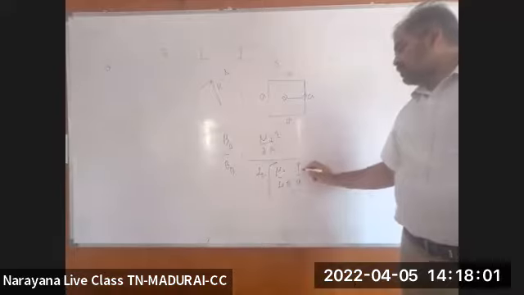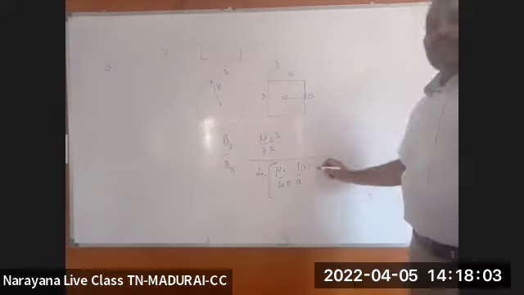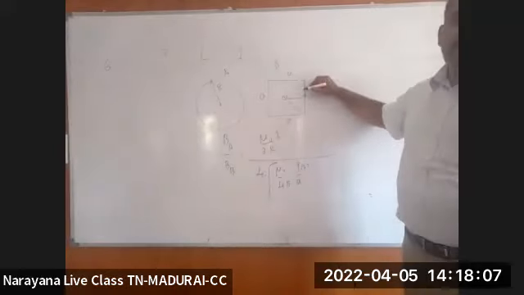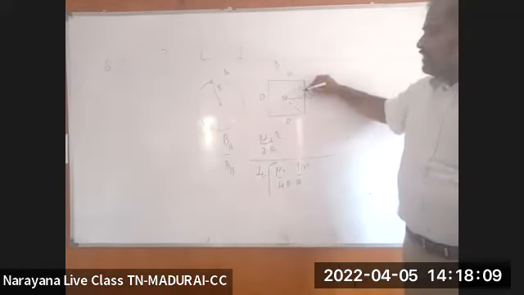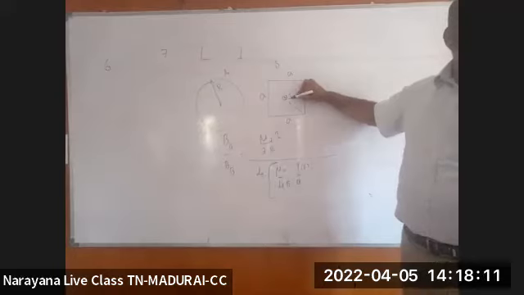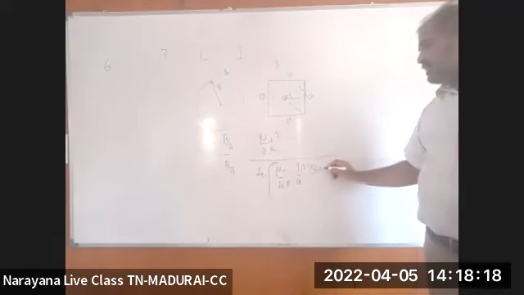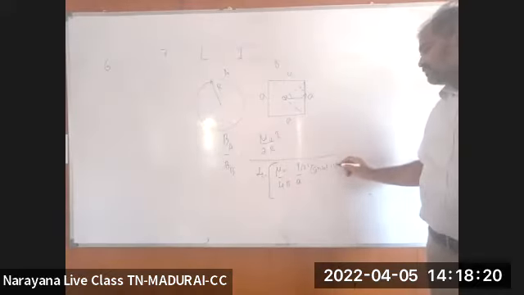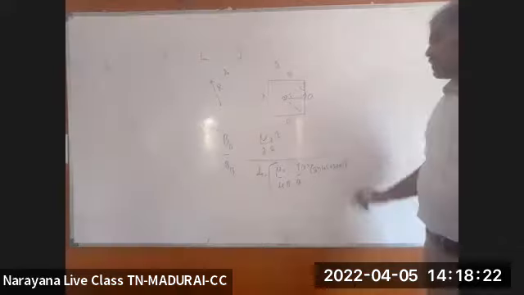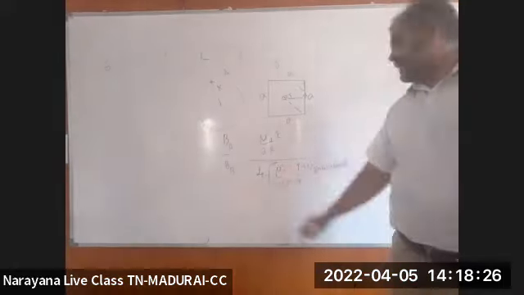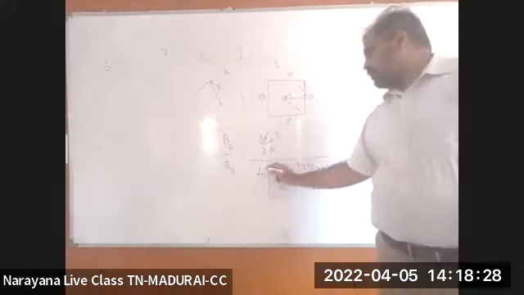A by 2. 2 will go to the numerator, and these edges are making how much angle here? 45 and 45. Understood? Correct or not? So what can I write here? Sine 45 plus sine 45. Correct or not? So mu naught is getting cancelled out and 4 getting cancelled out.